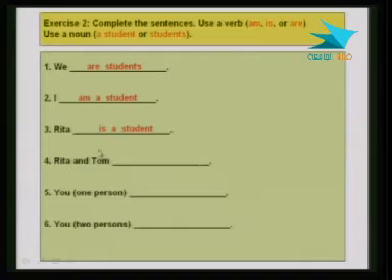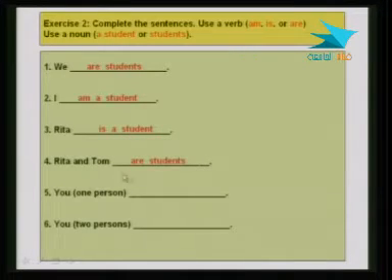And with this example and this example, we use the article a, right? Notice that this word here starts with the sound s, and this is the sound s also. So we use the article a and not an, right?